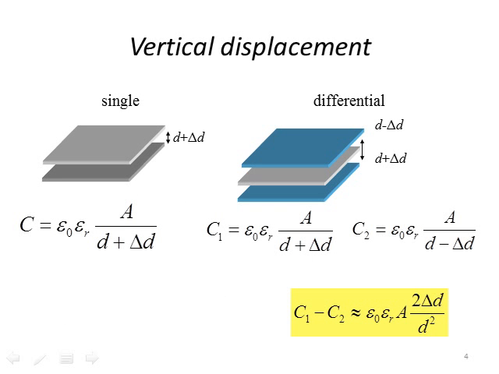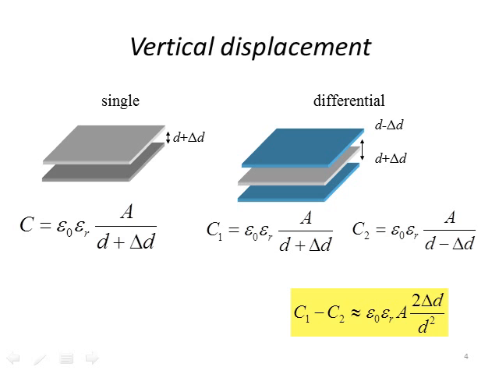So there are different types of capacitive sensors that we will be considering in this lecture and the course. We have single plates where one of the plates is moving, or both of them, they can be moving, and the net separation distance, delta D, then gets reflected in a capacitance change that you see in the equation below the left figure.